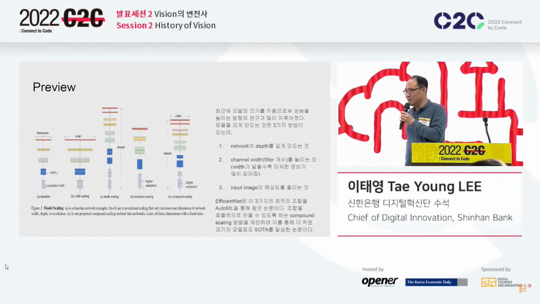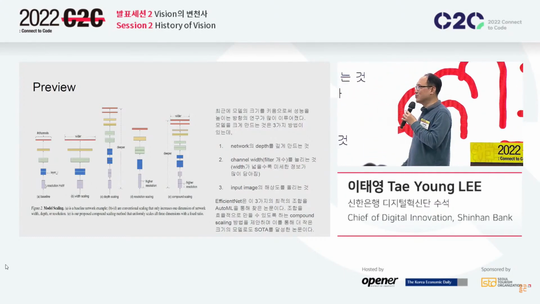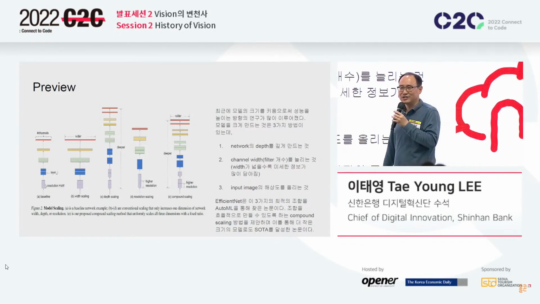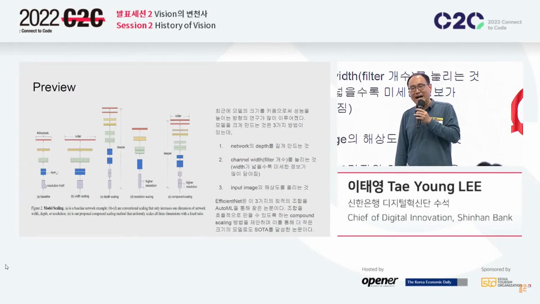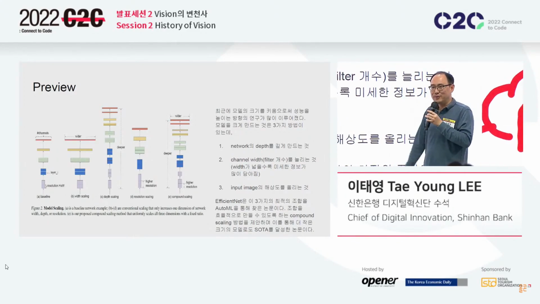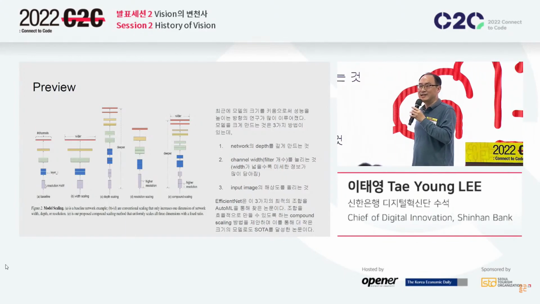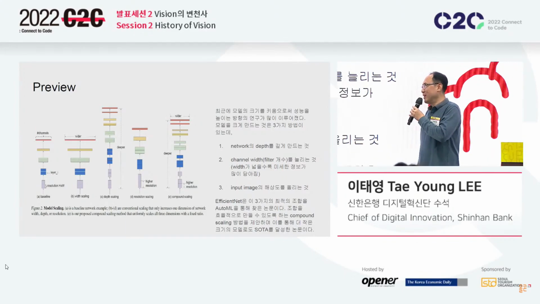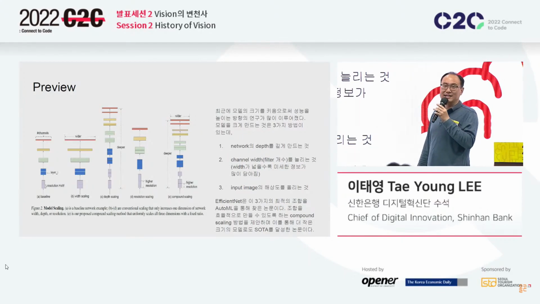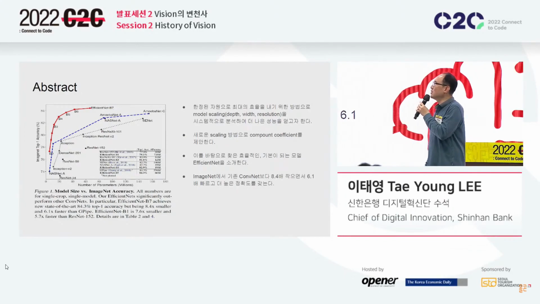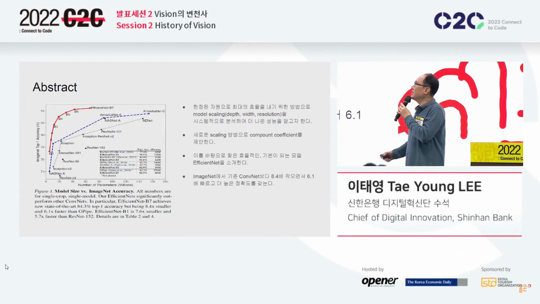And in order to really harmonize this, a paper was released titled EfficientNet. So many things have been changed. We do not have to do so many trainings. We do not have to make efforts to find so many parameters, thanks to EfficientNet.